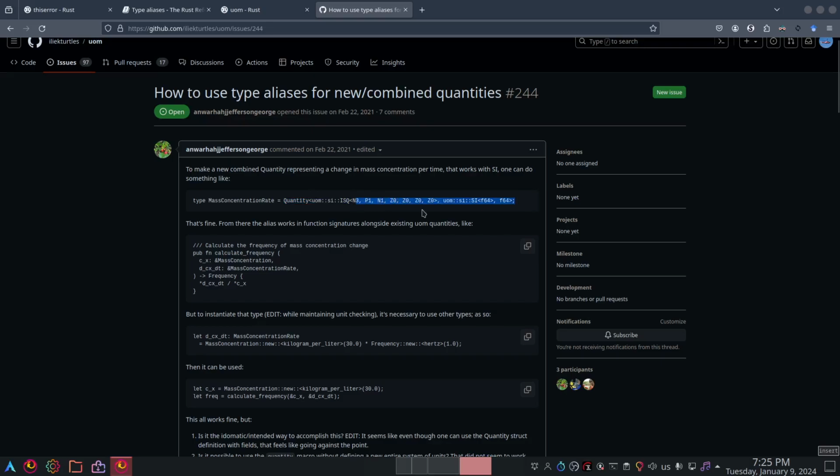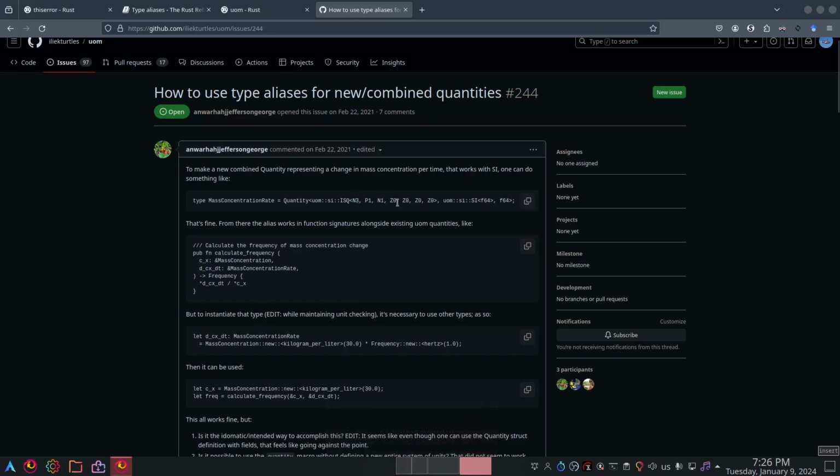These are the 7 SI base units. Z0 means it is to the power of 0, N1 means to the power of -1, P1 means to the power of +1, N3 means to the power of -3. So do go and take a look at this, but that's one way you can try and do things.